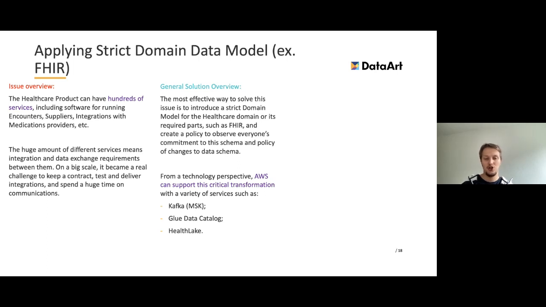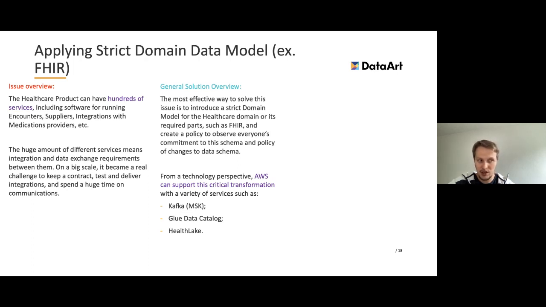We've already mentioned today the Glue Data Catalog, which can also serve this purpose, and HealthLake, which has an embedded FHIR structure. You can just stand it up for you out of the box. So yeah, these are three main services in the ecosystem which you can count on to solve this issue.